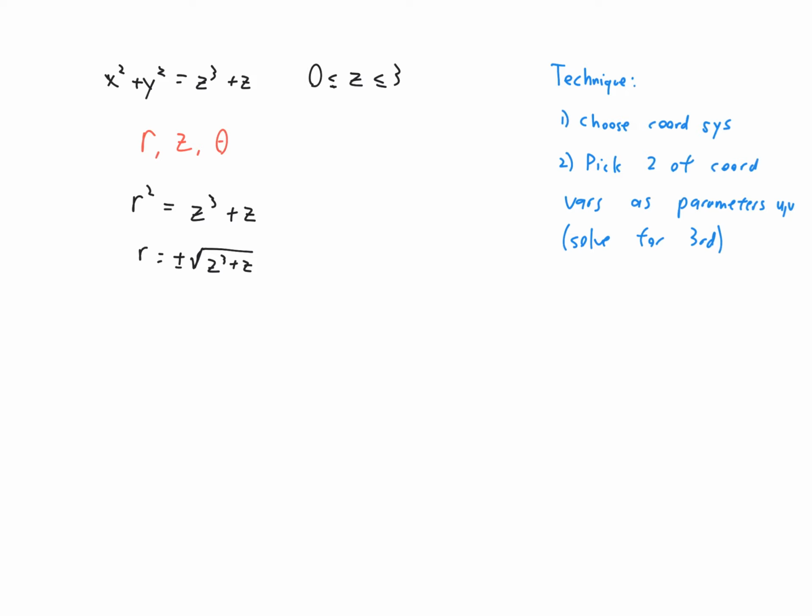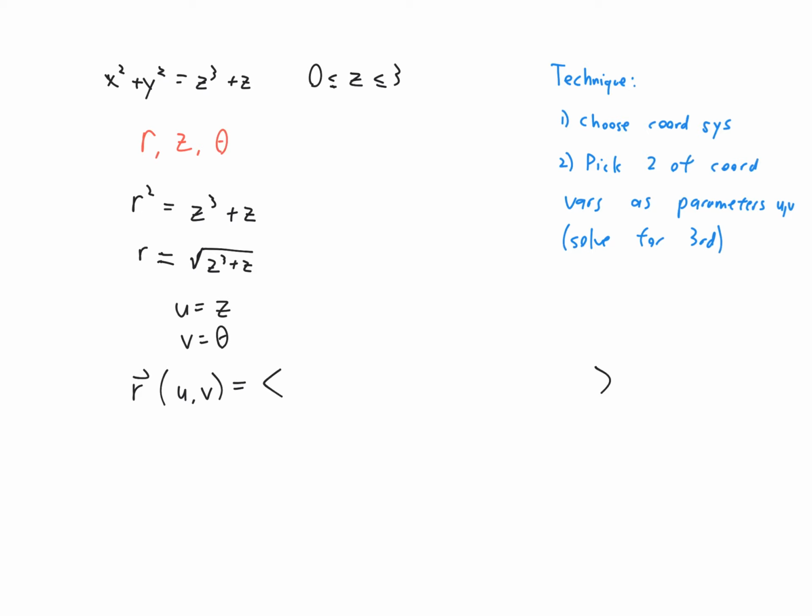So I can actually even just do without that. So this actually helps us out in deciding. I can solve for r easily, so let me use the other two variables, u equals z and v equals theta, as my parameters. And I could write down r of u v.